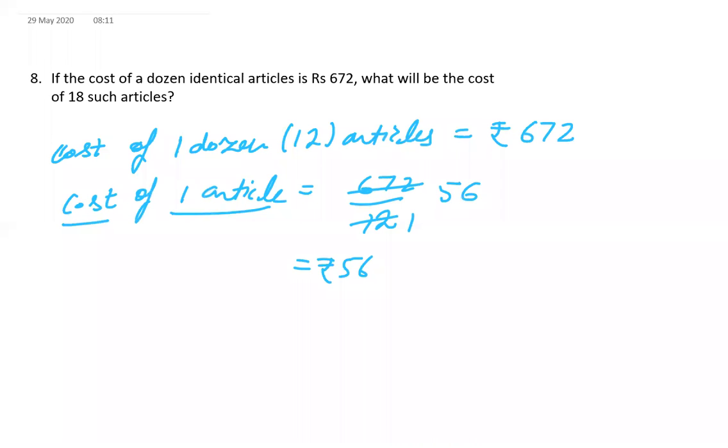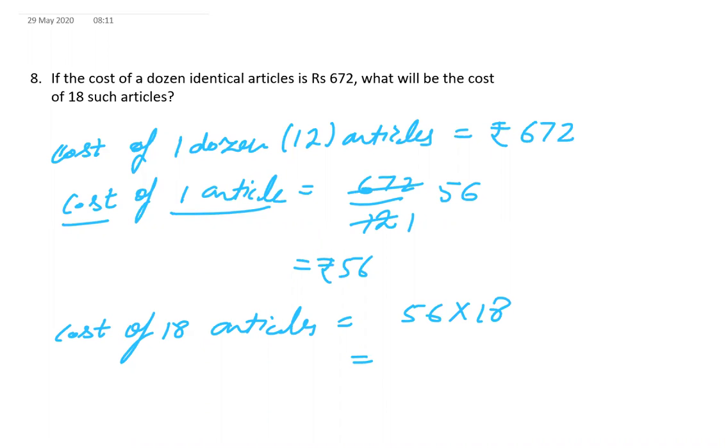Very good, Arpan Sharma, Richa, Jatin. Now Arpan is very fast. Very good, Arpan, cost of one article is 56 rupees. Now you have to find the cost of 18 articles. So cost of 18 articles is equal to 56 into 18.